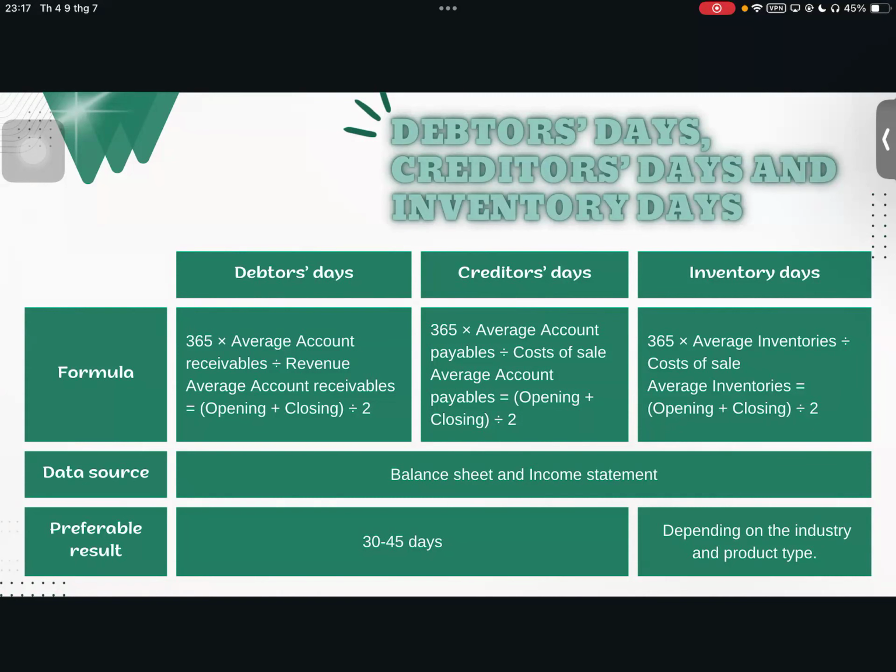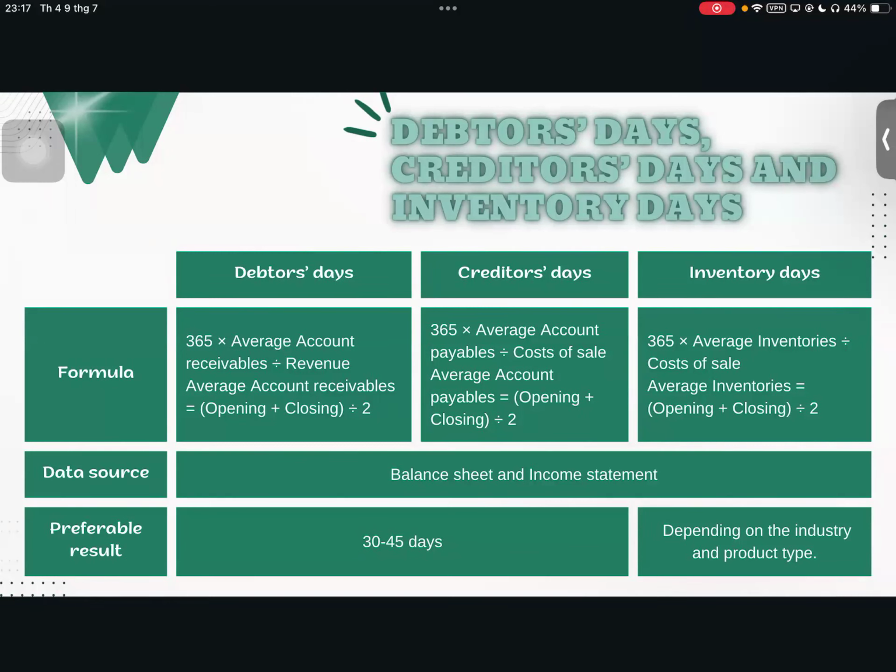But if this is sustained for too long, if they have too extended debtors days, an extended collection period, then they may face cash flow problems, and if it's sustained for too long, then they may go bankrupt. So preferably, they should have a healthy range, not too short, but not too extended. I think the preferable result here will be around 30 to 45 days, sometimes 60 is acceptable.